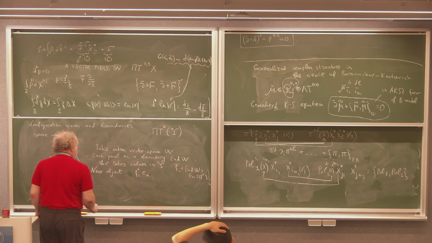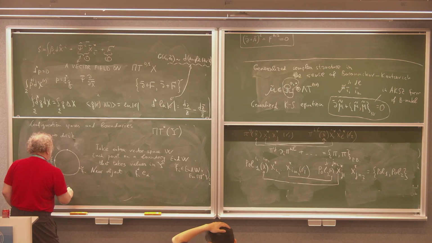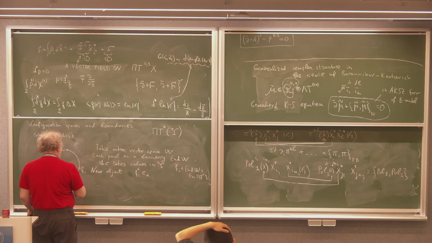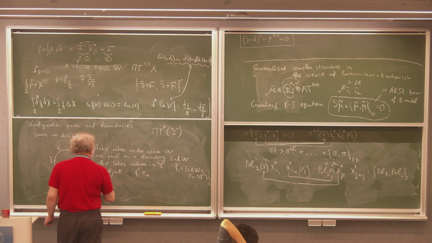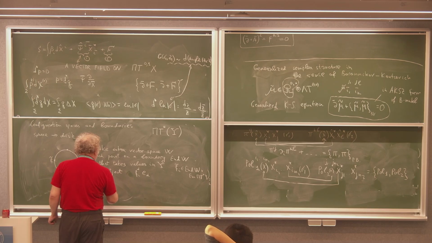So the new object would be, and here I take a product of these generators.